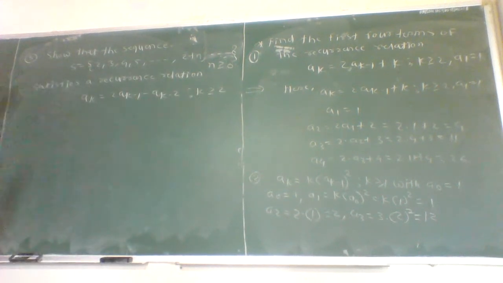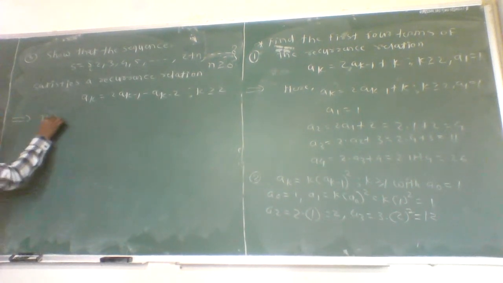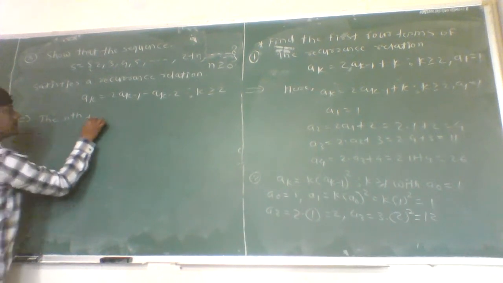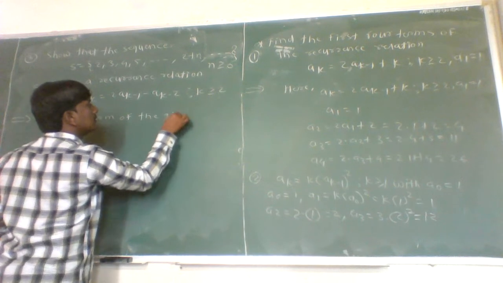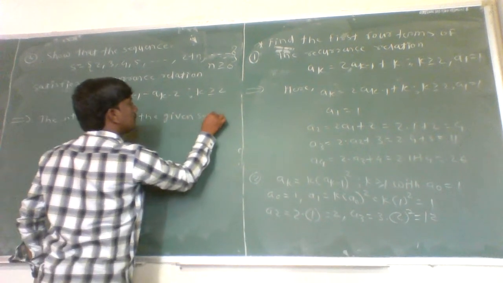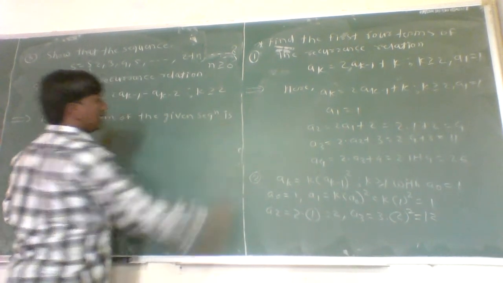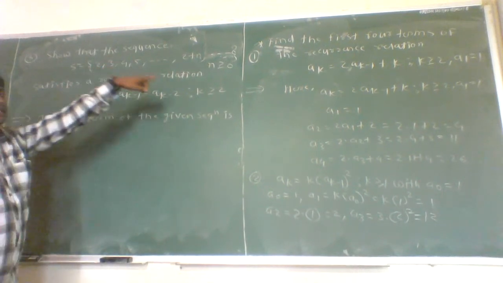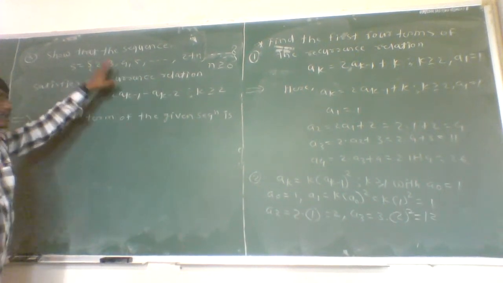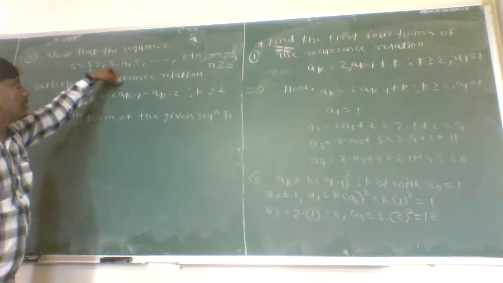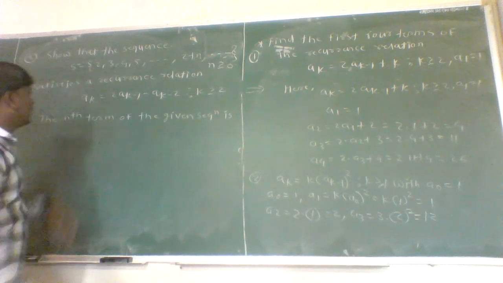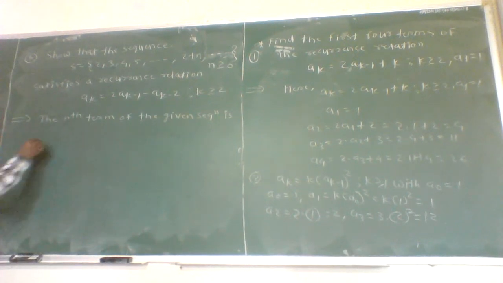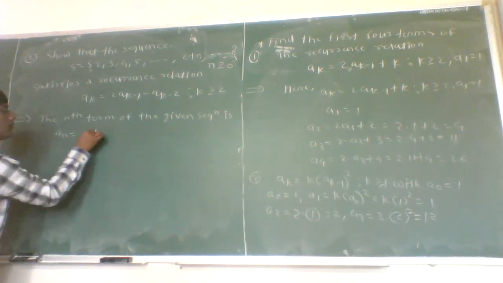According to the given sequence, the nth term is as follows: the first term is 2 plus 0, as n is running from 0 to infinity. The second term is nothing but 2 plus 1. The third one is nothing but 2 plus 2. Similarly, the nth term of the sequence an is equal to 2 plus n.